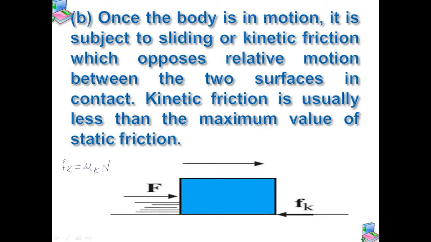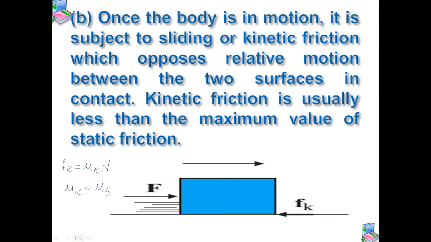It depends on the surfaces in contact. As mentioned above, experiments show that mu k is always less than mu s. The coefficient of kinetic friction is always less than the coefficient of static friction.